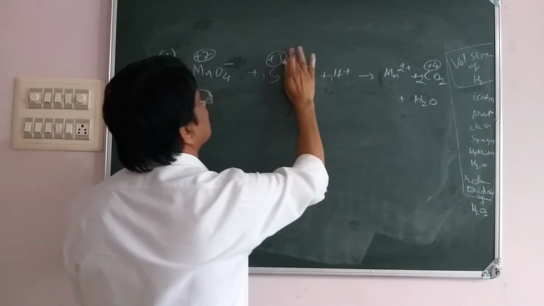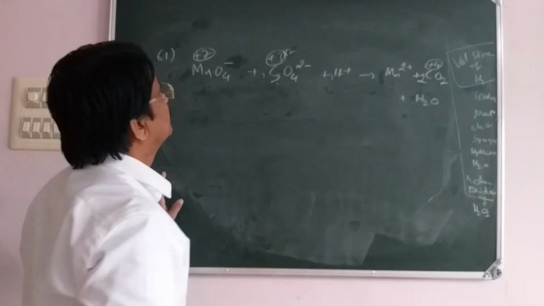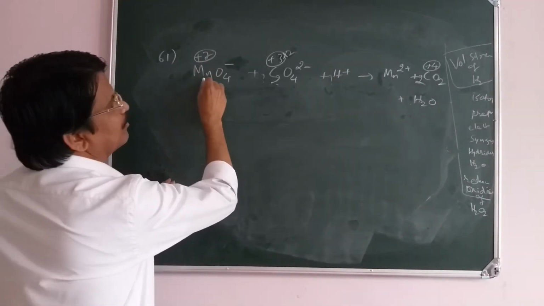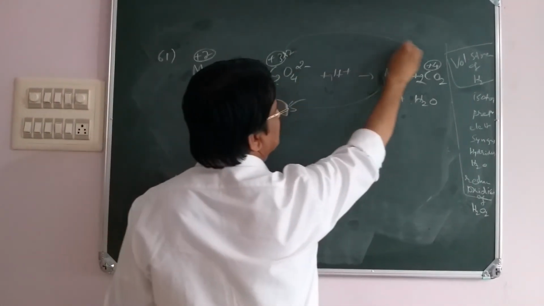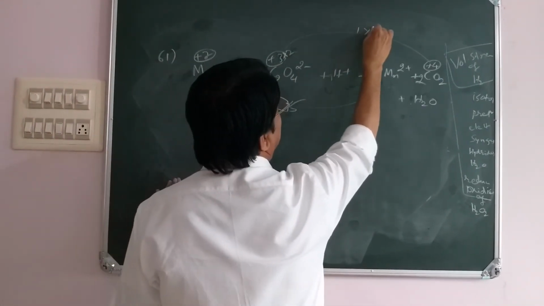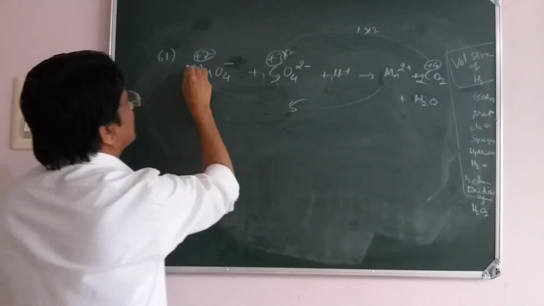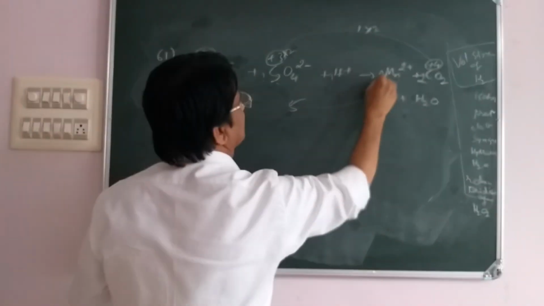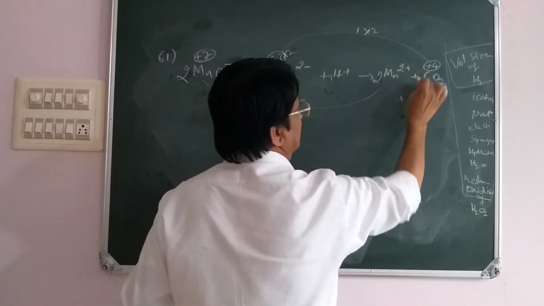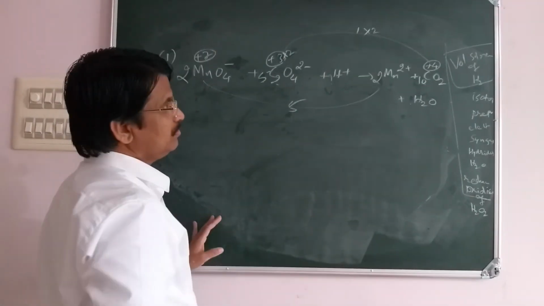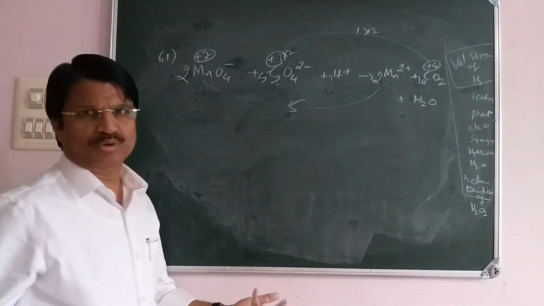Manganese changes 7 to 2, a 5 electron change. Carbon changes 3 to 4, 1 electron into 2. So 2 goes here, and 5 goes here, giving 10 here.